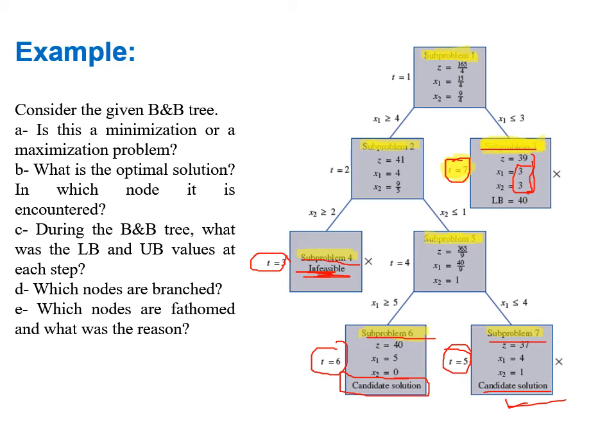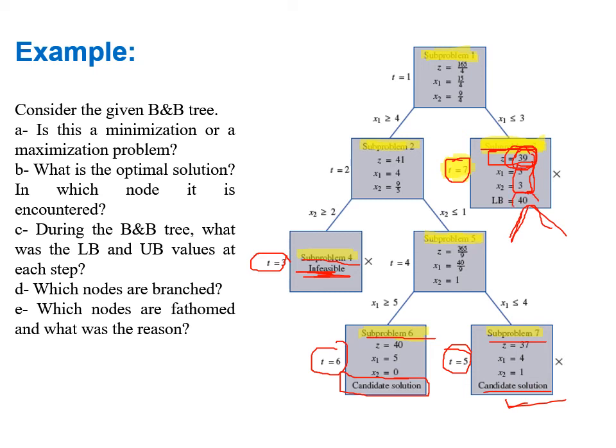Why? Look, the objective function value of this is 39. And this is the parent. If we decided to branch it, this would be the parent of all others. And we know that the parent is the best of its children. So this says that if you go further down from this node, the best possible value you will obtain is 39.